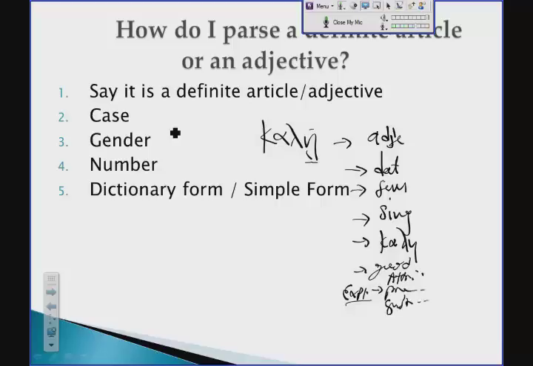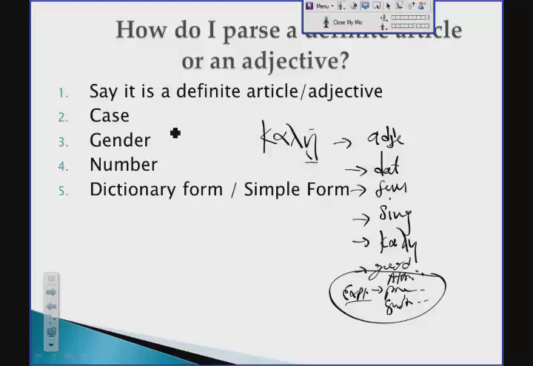That's why I started with those three. You must look at its construction and tell me whether it is fulfilling its role as an attributive adjective, a predicative adjective, or a substantive adjective.